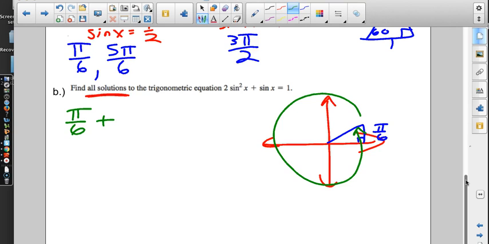Let me show you. If I put 5 pi over 6 on here, they are not pi units apart. And how I know that is because 1 pi is a straight angle. So if I put these 2 on here, I know I'm going to have to use 2 pi n.